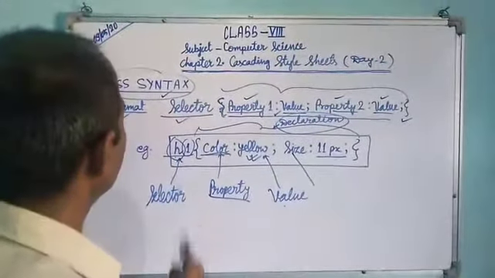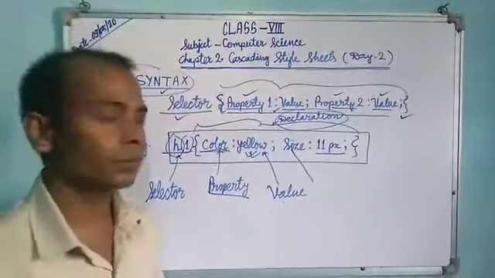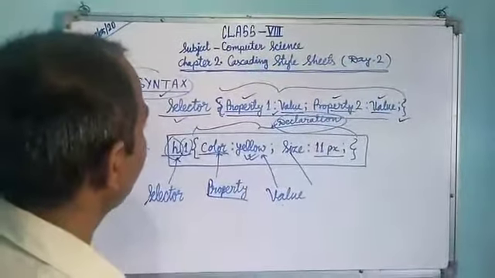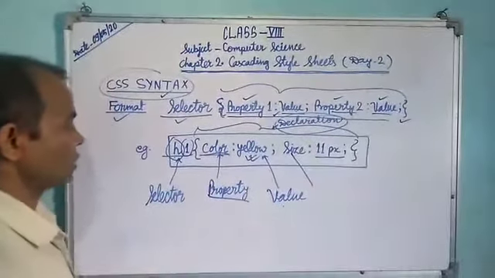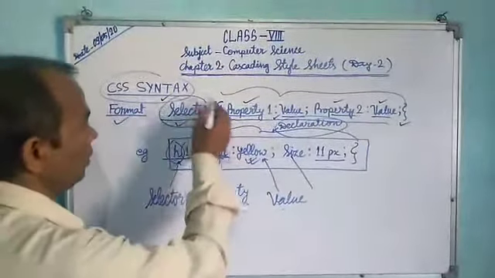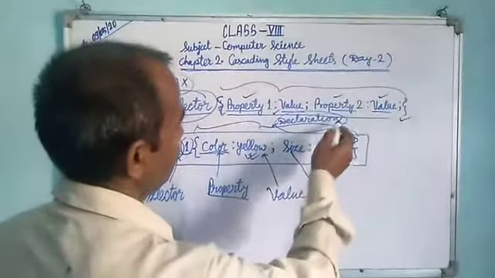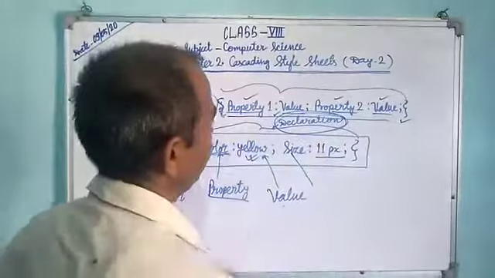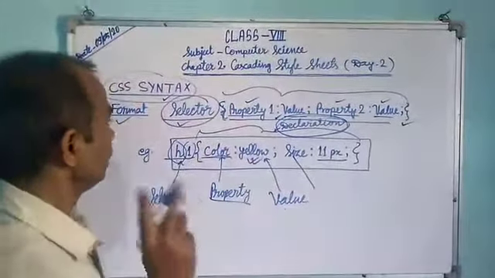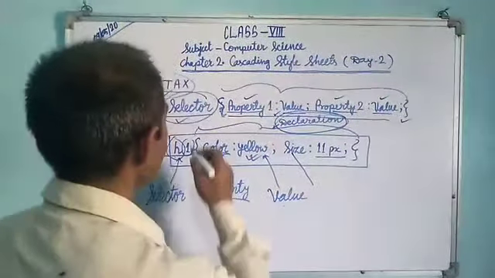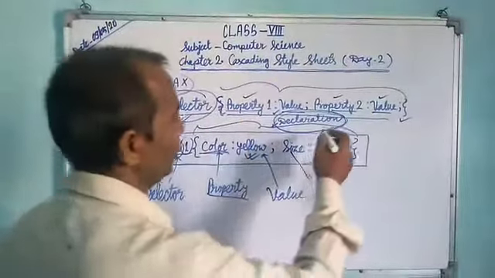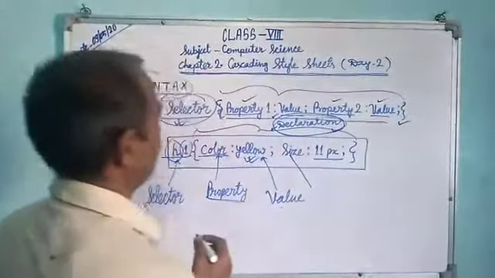Whenever we are writing cascading style sheets, we must write into two parts. One is the selector, and the second is the declaration. It is divided into two parts. The first is the selector and the second one is the declarations.